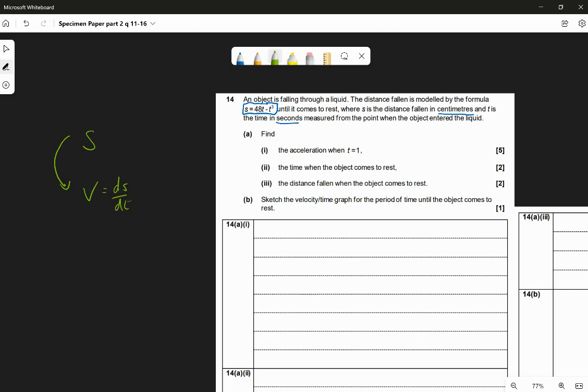So if I want to go from displacement to velocity, I differentiate. If I want to go from velocity to acceleration, I differentiate again, because acceleration is the rate at which velocity is changing with respect to time. So it is dv by dt. And if I wanted to go back, I would integrate the other way. So here I have got displacement, so I'm differentiating.